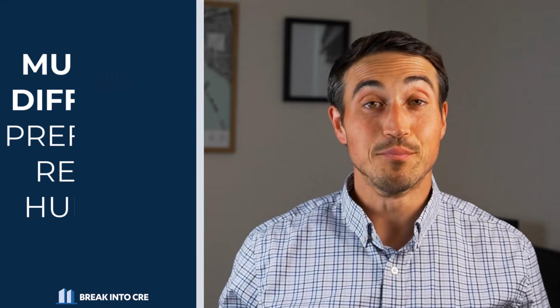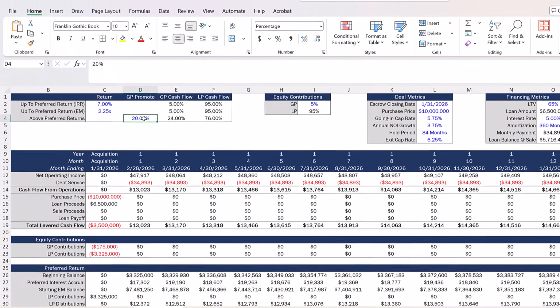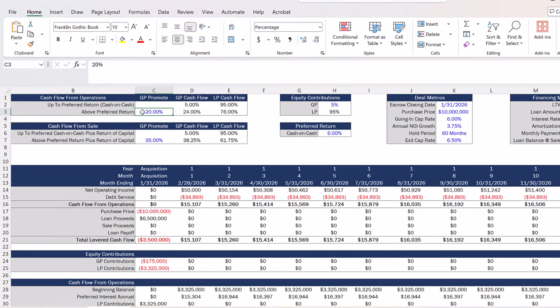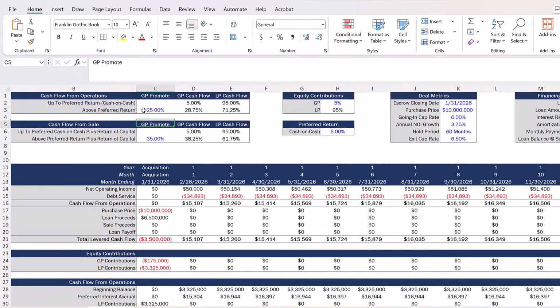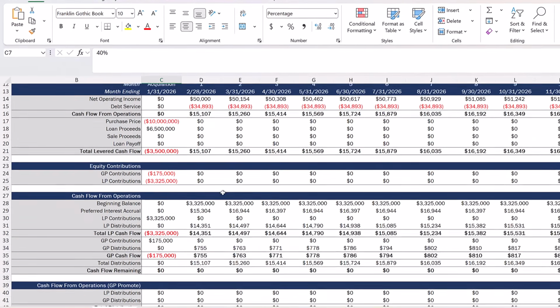You also might see multiple different preferred return hurdles on the same exact deal, so something like an IRR and equity multiple based hurdle requirement, or something like a cash-on-cash based hurdle during ordinary operations and an IRR based hurdle when the property is sold.